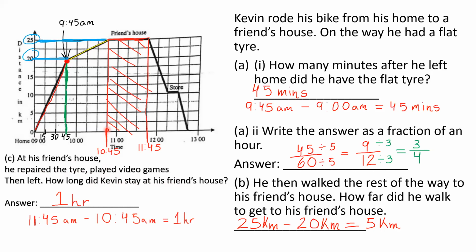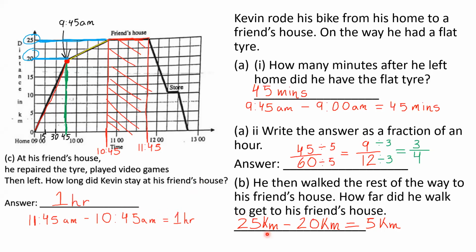He arrived there at 10:45 and left at 11:45, which means we subtract them both. 11:45 a.m. minus 10:45 a.m. gives us 1 hour. So our answer here is going to be 1 hour. All right, good.